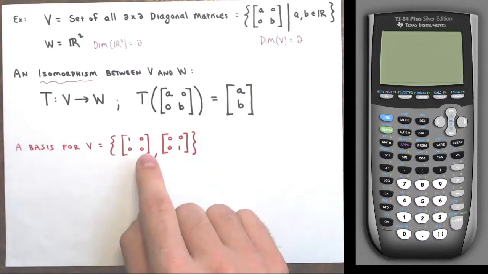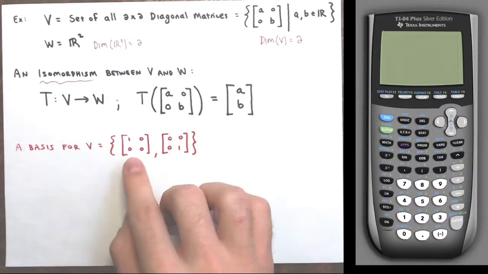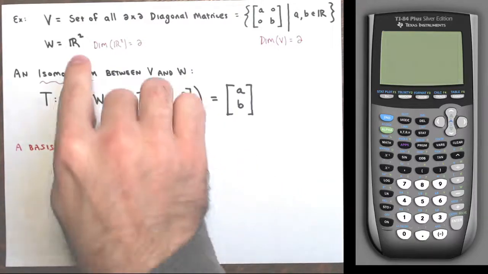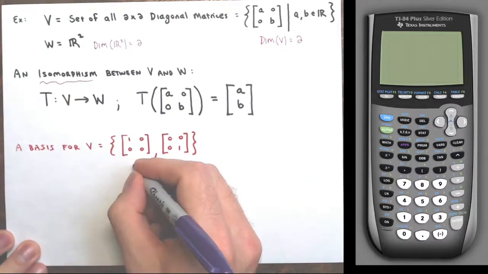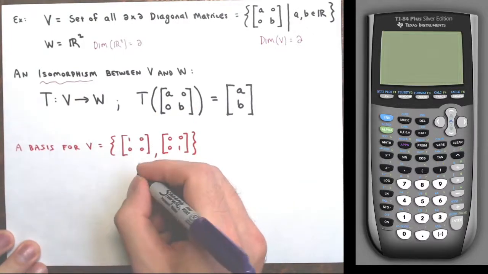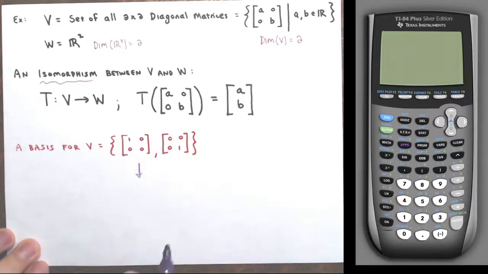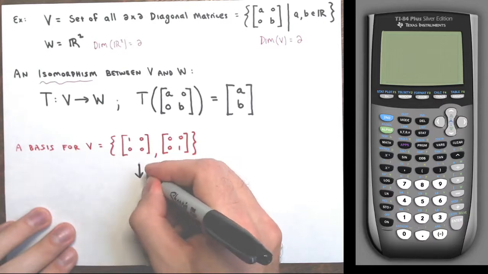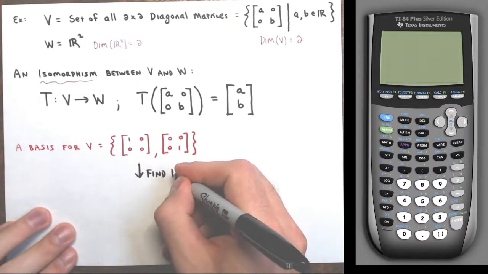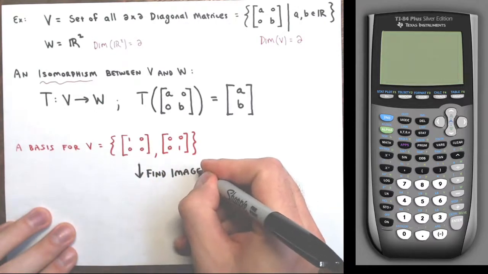If I plug these in, I should then get a basis for R2. So let's find the images, the outputs of these matrices.